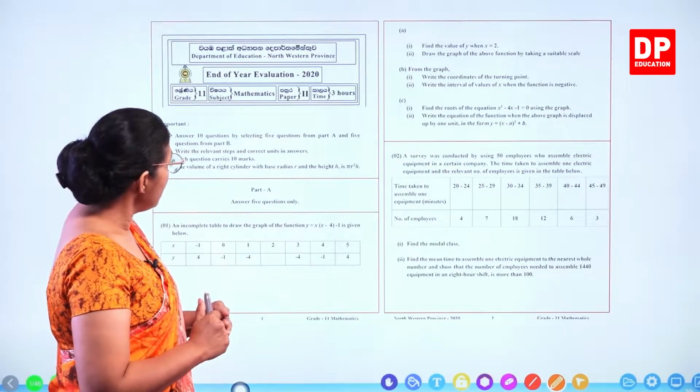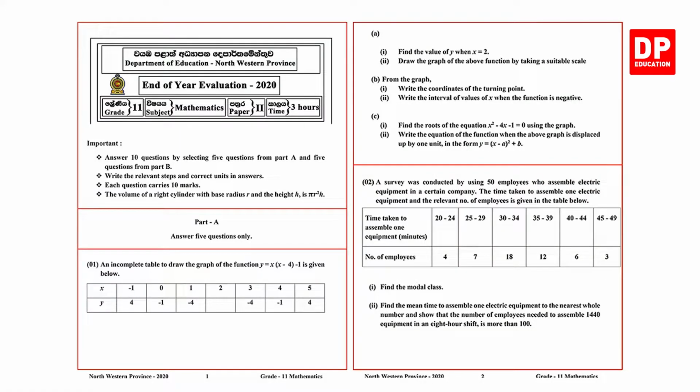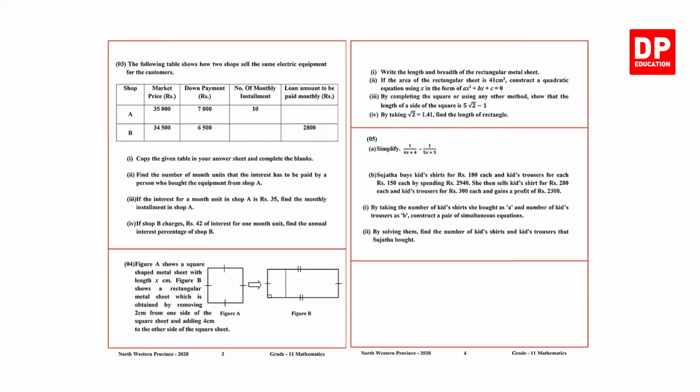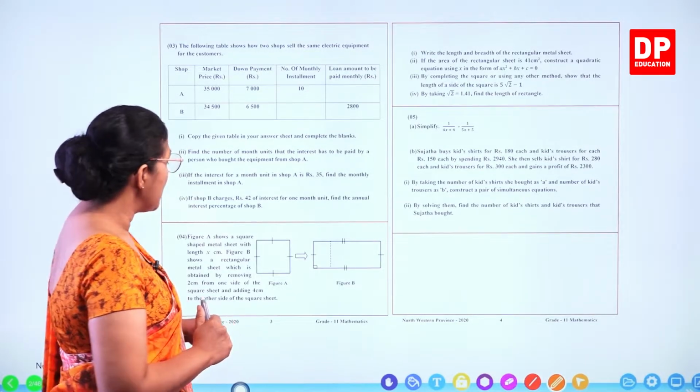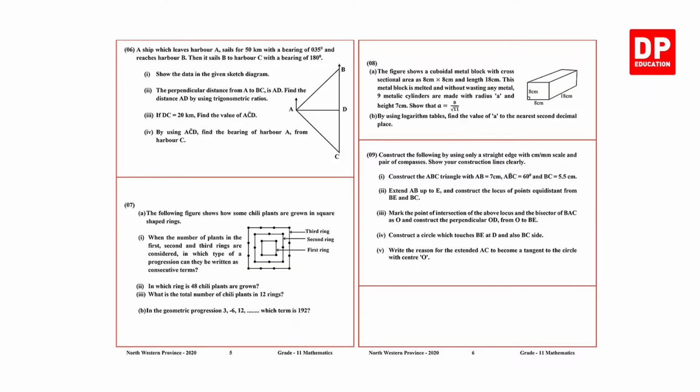Question number 1 is a graph question. Question number 2 is a statistics question. Then you get question number 3. And then 4, algebra. 5, you have to construct simultaneous equations.